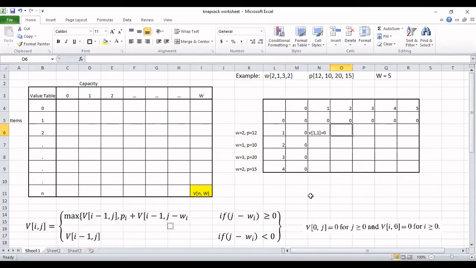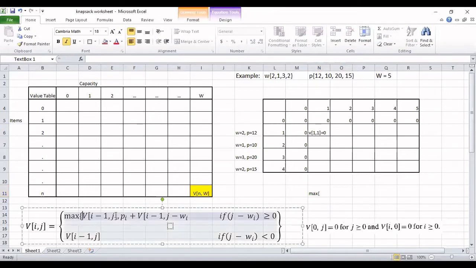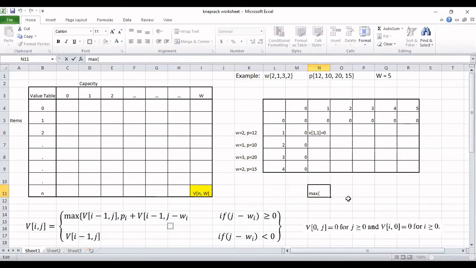What is that maximization? It's a very simple concept: we look for without item and with item. The first term of the max is V of i minus 1, j, meaning without considering the ith item, the previous row value, which is 0.